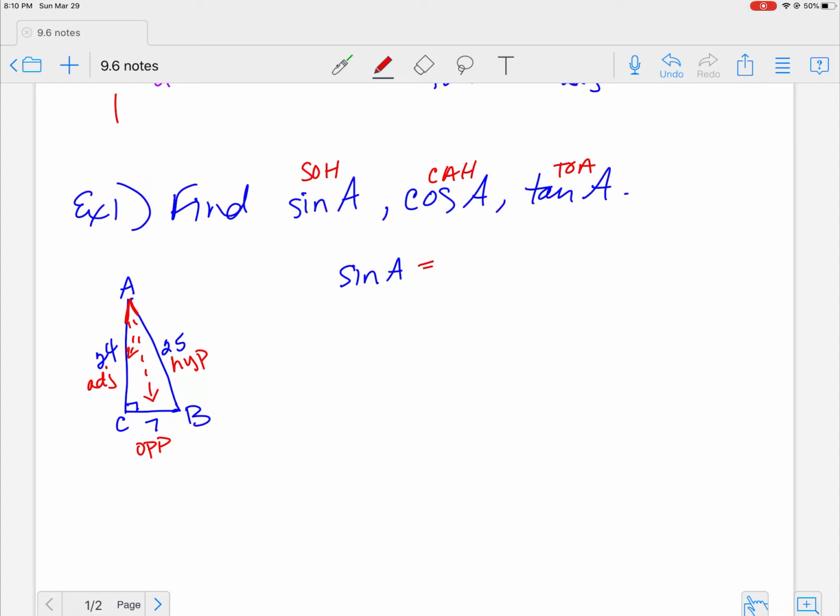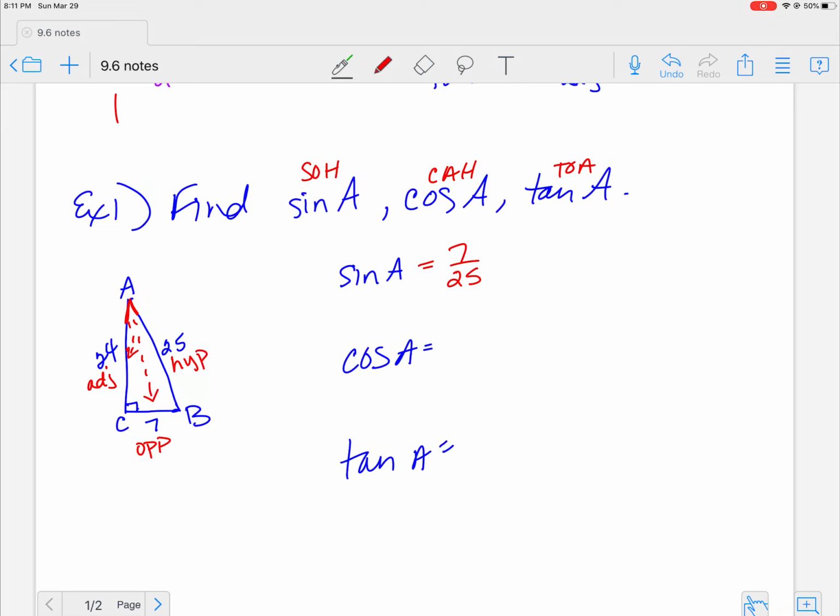Sine is opposite over hypotenuse, SOHCAHTOA. So my sine of A here is opposite over hypotenuse, 7/25. That's literally all there is to it.